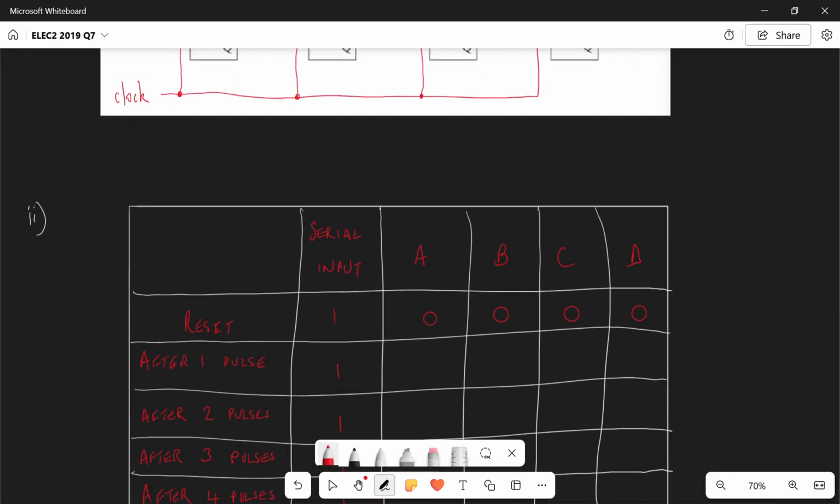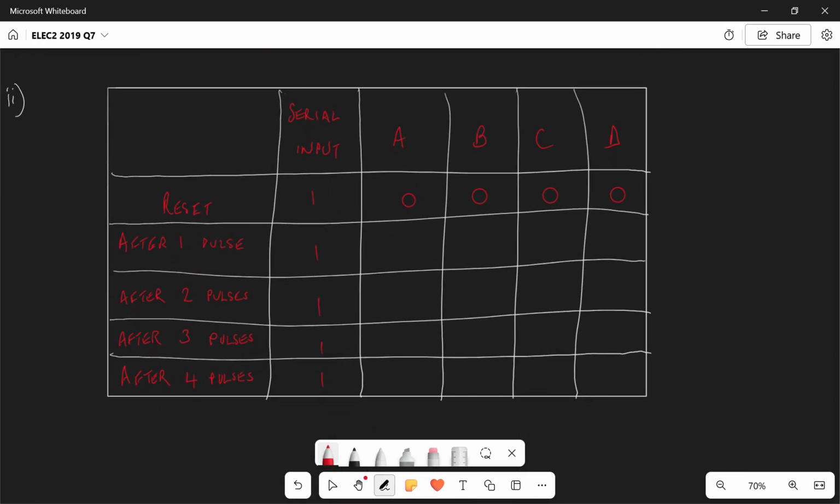Okay, for part 2. Now this nationally wasn't answered particularly well, but the reality is if you know how a shift register works, then this is actually quite a straightforward question. We've got a serial input, we've got a trigger pulse, so our clock is going to clock 4 times in order for our serial input to start to shift.